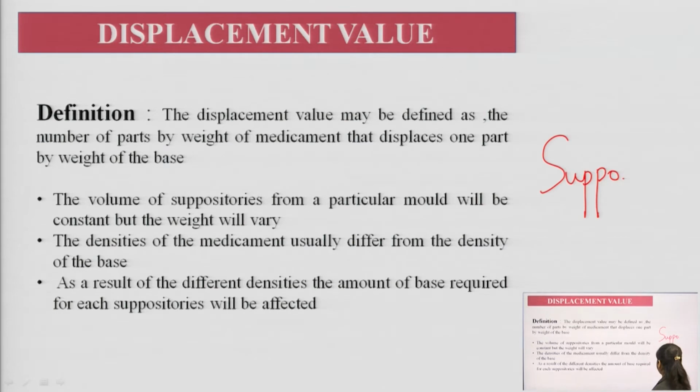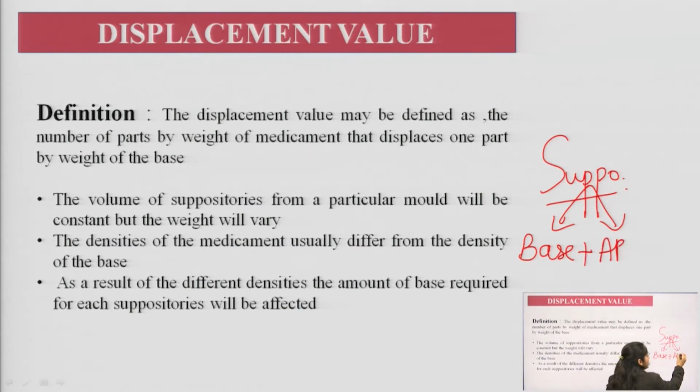Suppositories are made by using two important things. The very first thing is the base and the other thing is the API. API is the medication which is incorporated into the base.